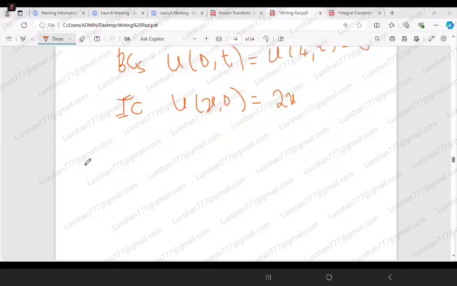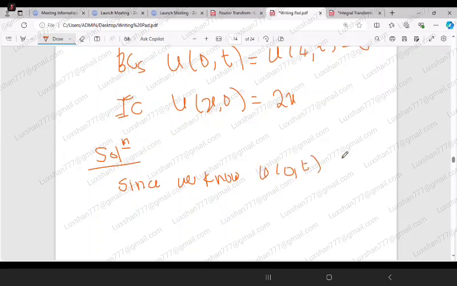So I am going to use the finite Fourier sine transform, since we know u(0,t) and u(4,t), that is, L is equal to 4.